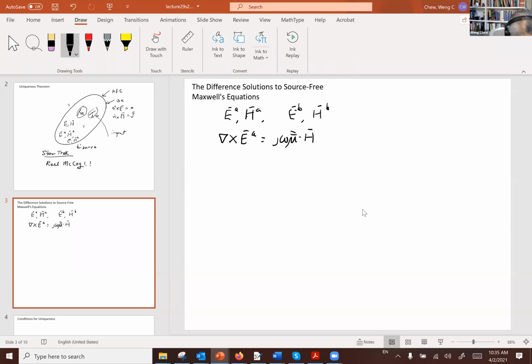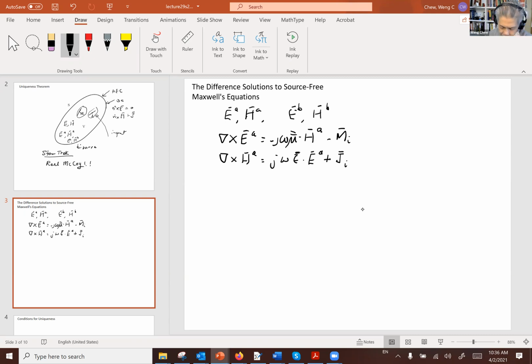Let me assume that I have anisotropy present. And if I assume magnetic current sources, I will have to put magnetic current sources on the right-hand side. Then the magnetic field satisfies this equation, curl of H_A equals j omega epsilon dot E_A plus J_i. My first set of solutions, E_A, H_A, should satisfy these equations.